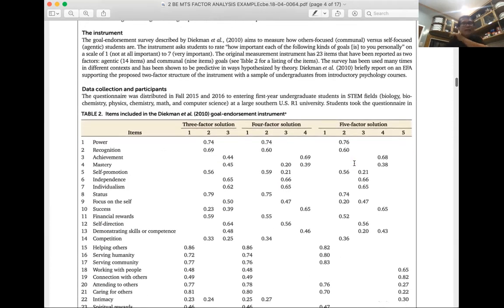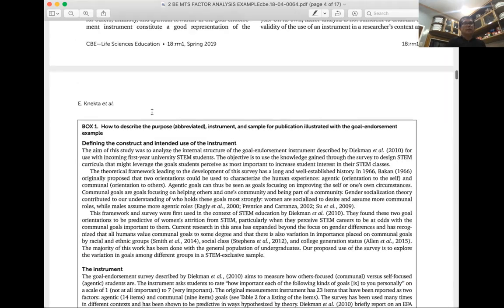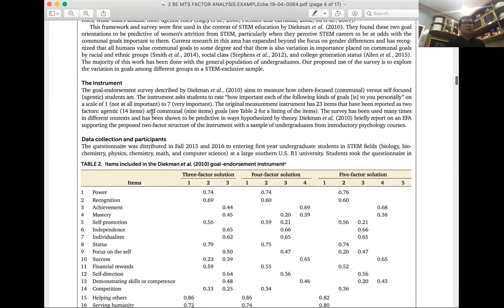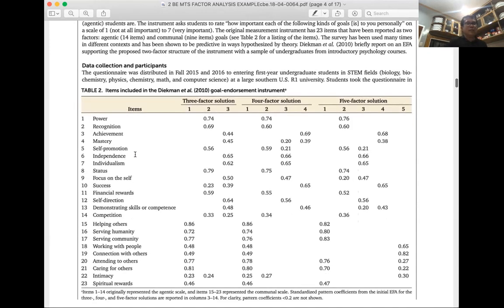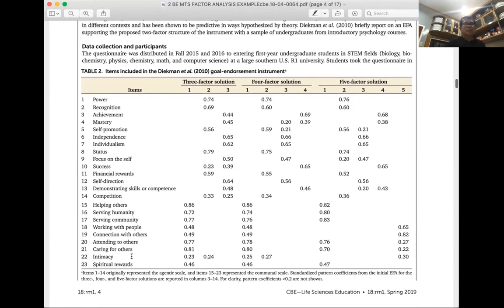So we have Table 2. Table 2: items included in the Dickman et al. goal endorsement instrument. So items, we have power up to 23 spiritual rewards. And we have 3-factor solution, 4-factor solution, 5-factor solution.